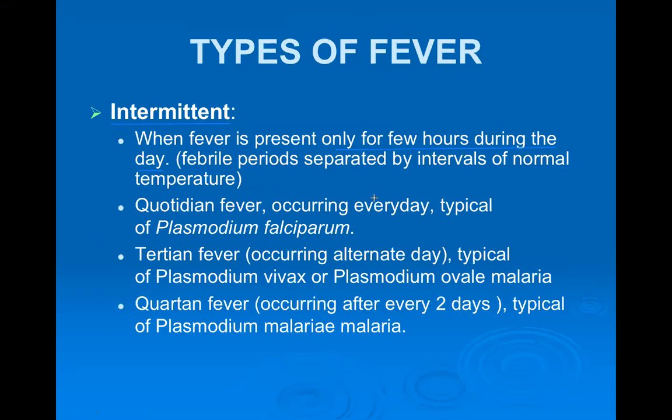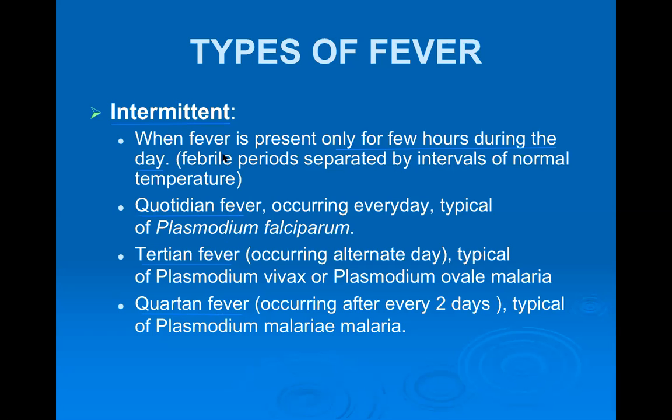This is known as intermittent fever. And again, intermittent fever is of different types, like quotidian fever, tertian fever, and quartan fever. These are very important terms and routinely asked in exams, especially in MCQs.